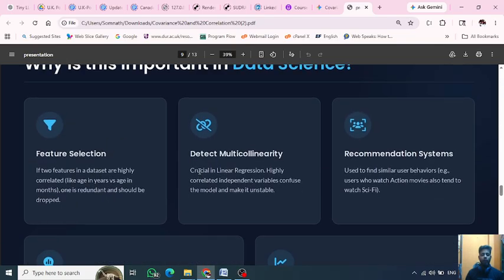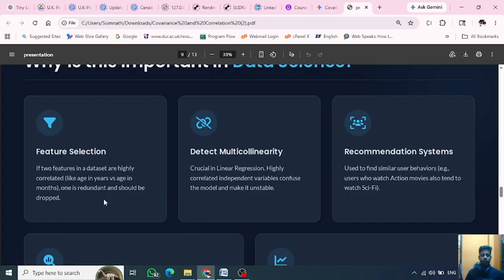Okay, why is it important? Definitely, it's feature selection. When you are planning to create any machine learning model, feature selection is a very important thing. For example, suppose you are going to predict the house price. That means a house prediction model.